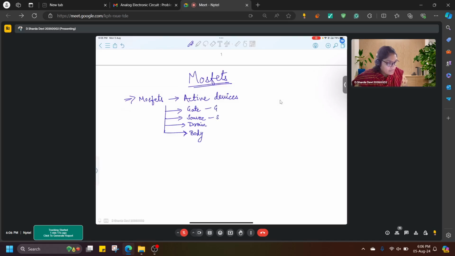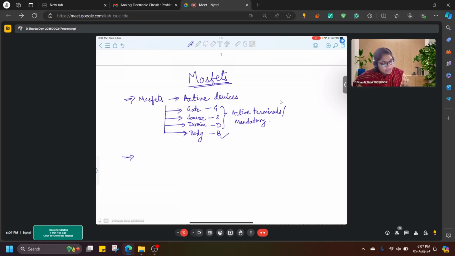Of these four terminals, source, drain, and gate are the active terminals, or we can say the mandatory terminals. Like, these are a must.